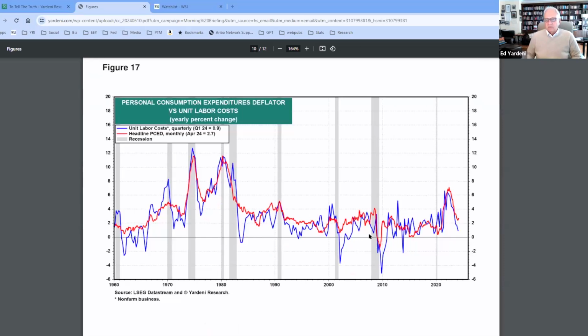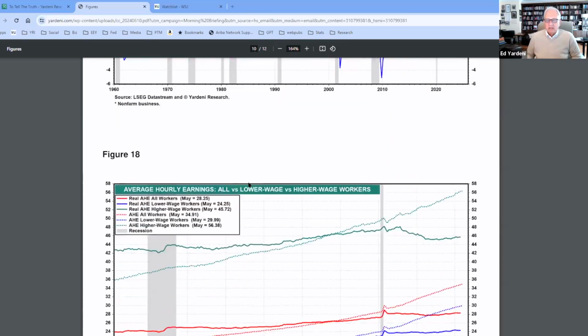This is a favorite chart of ours. This shows unit labor costs, and again, it was revised down to 0.9% on a year-over-year basis for the quarterly data. And we think that it determines the underlying inflation rate and conforms with our view that there's still more downside for headline PCED.